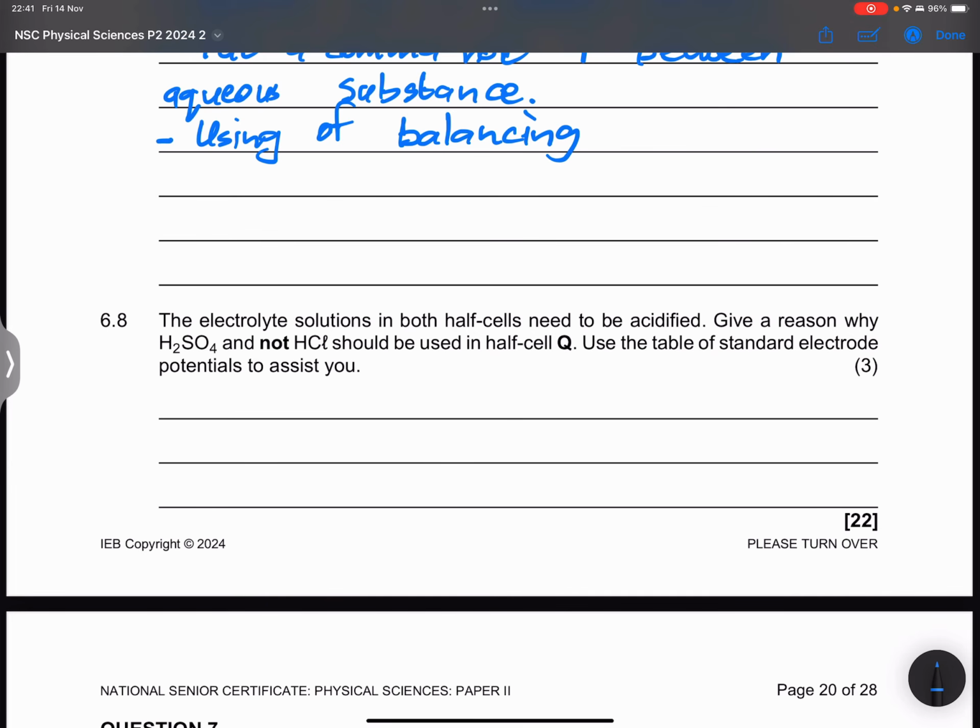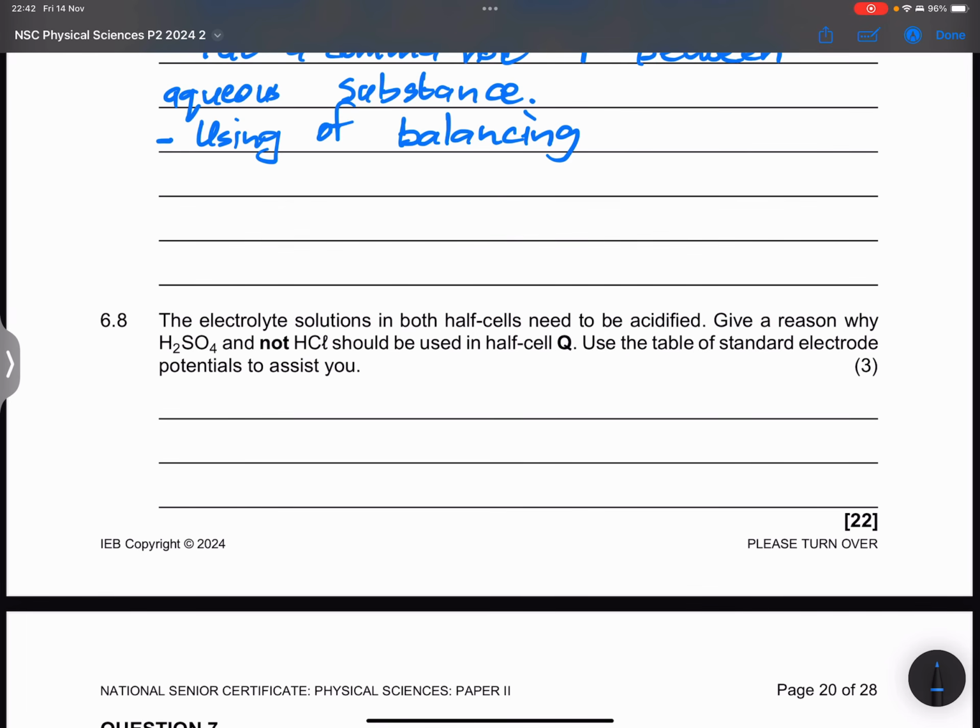They say the electrolyte solution in both half cells needs to be acidified. Okay, give a reason why sulfuric acid and not hydrochloric acid should be used in the half cell Q. Okay, use the standard electrode potential to assist you.